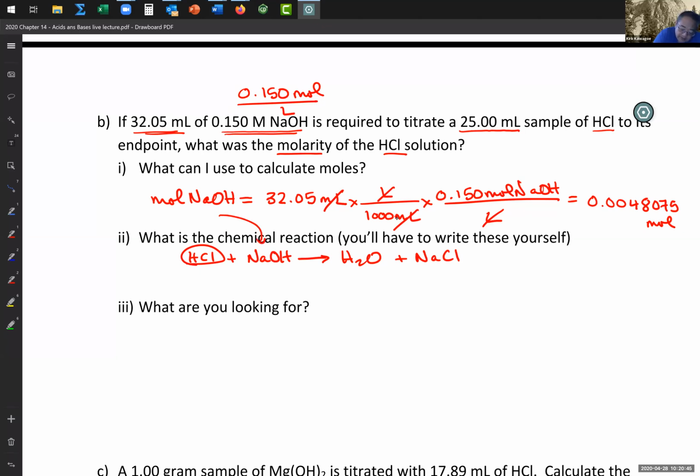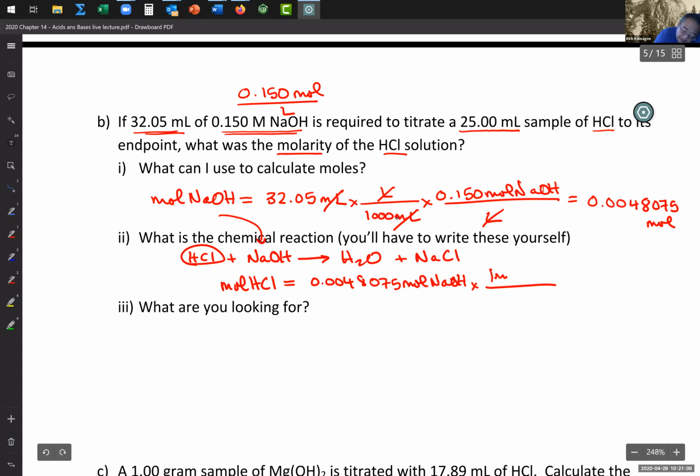We have this already. So we're going to look for the moles of HCl. So let's start with this. Moles of HCl is equal to 0.004870075 moles of NaOH, and it's 1 mole of HCl for every 1 mole of NaOH.